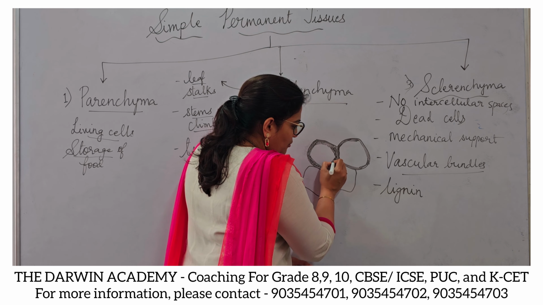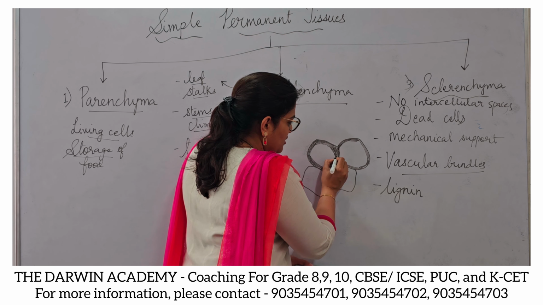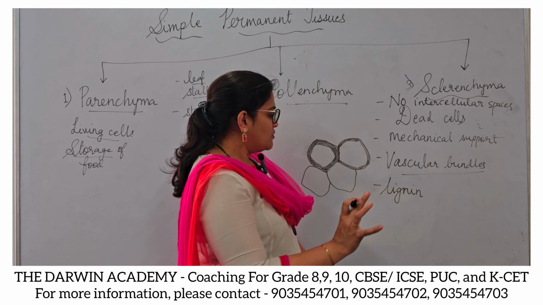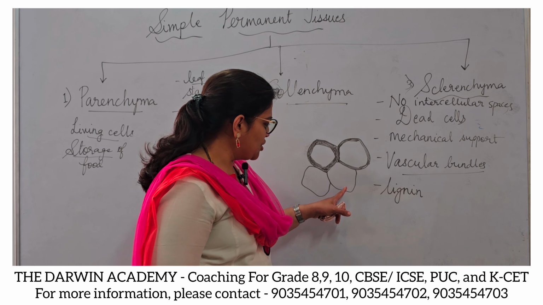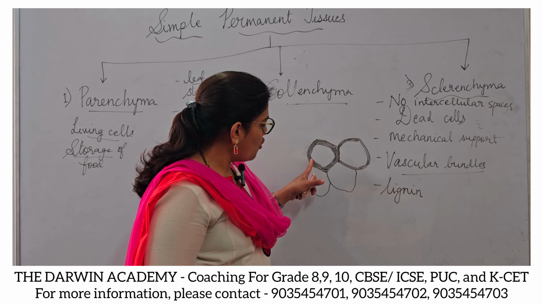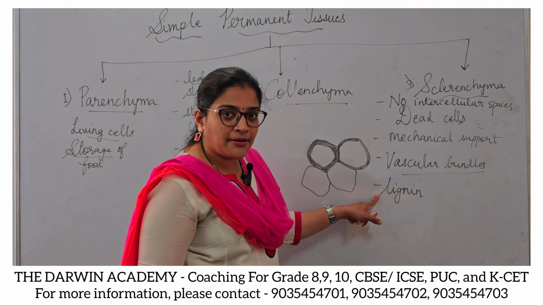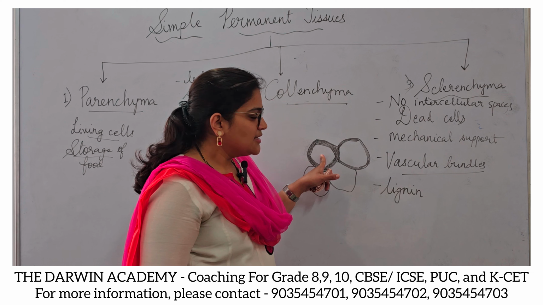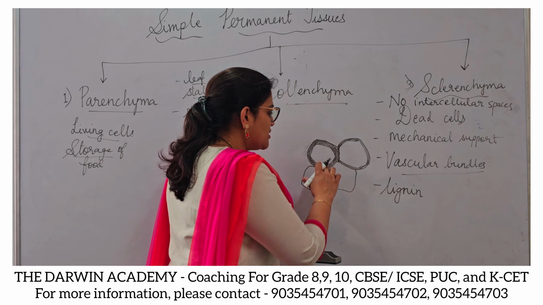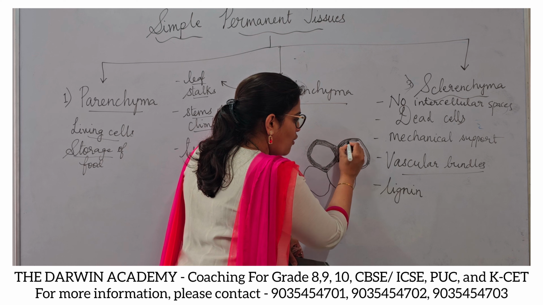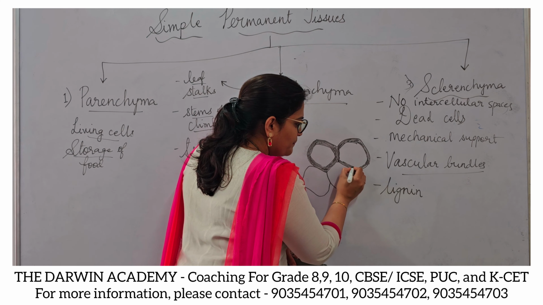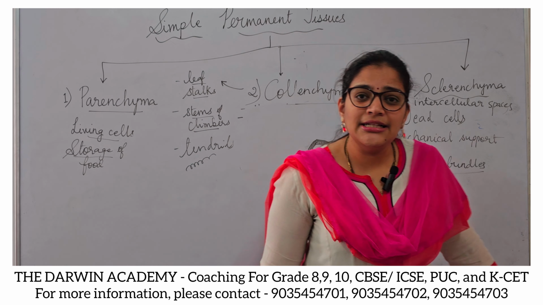I just want to ensure that you understand the concept without spending more time drawing neat diagrams. See, initially the cell lumen is so big. If there is so much deposition of lignin along the walls, then see how much the space has reduced. Similarly, all cells will have a lot of such lignin layers which will provide mechanical support.